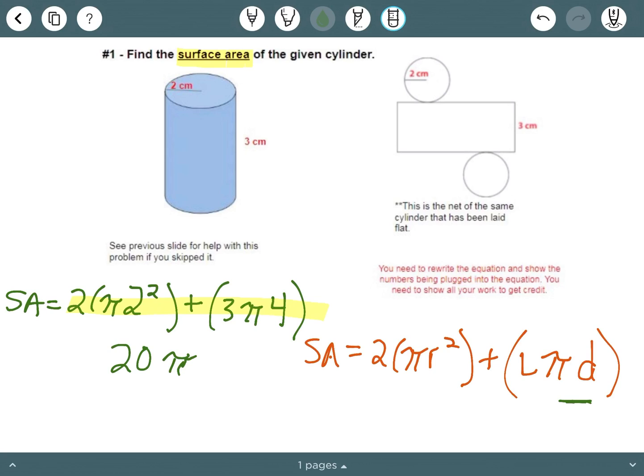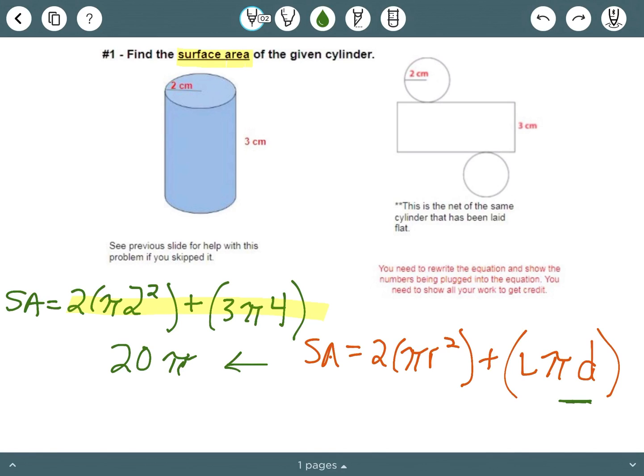Is it going to make sense to say you need 20 pi wrapping paper? Not so much. So we want to take that out of terms of pi. This is not necessarily incorrect, but I think the better version is going to be the decimal.